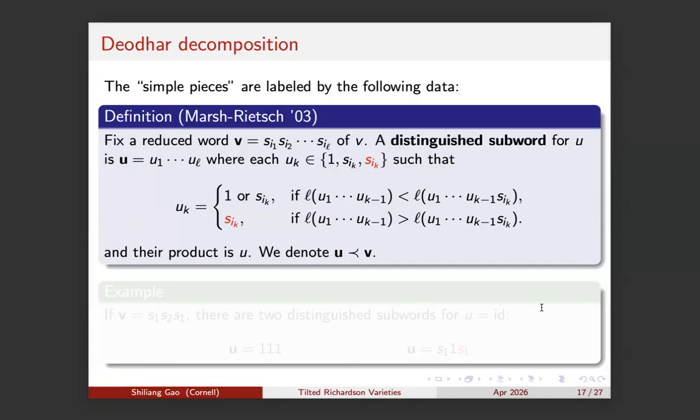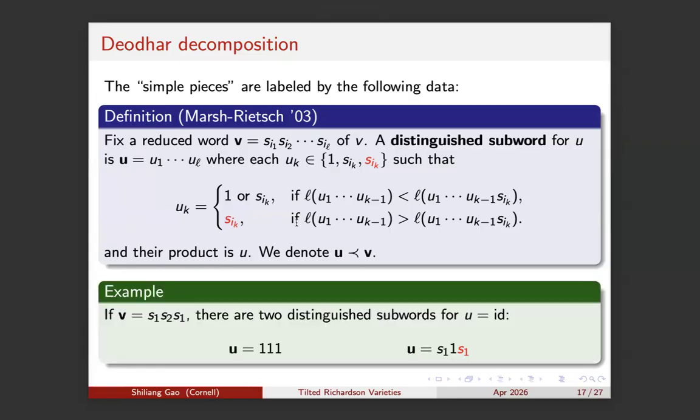If including that s_i will decrease the length of the product that we have so far, then we have to use it. That's the red s_i_k. And if not, so if the length will increase, we can choose to use it or not.